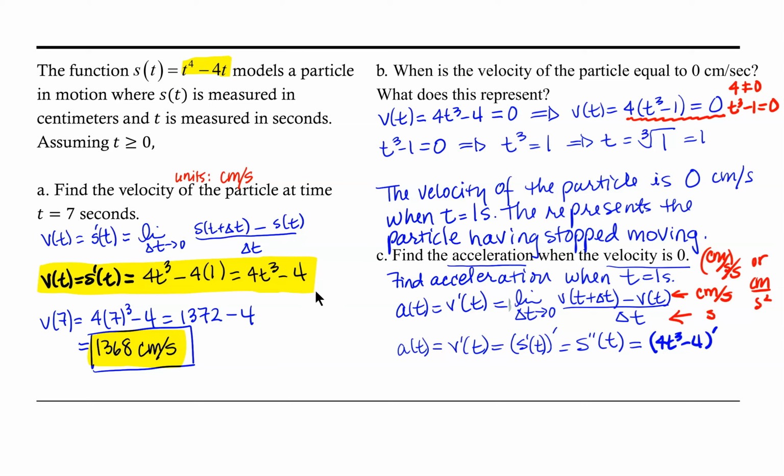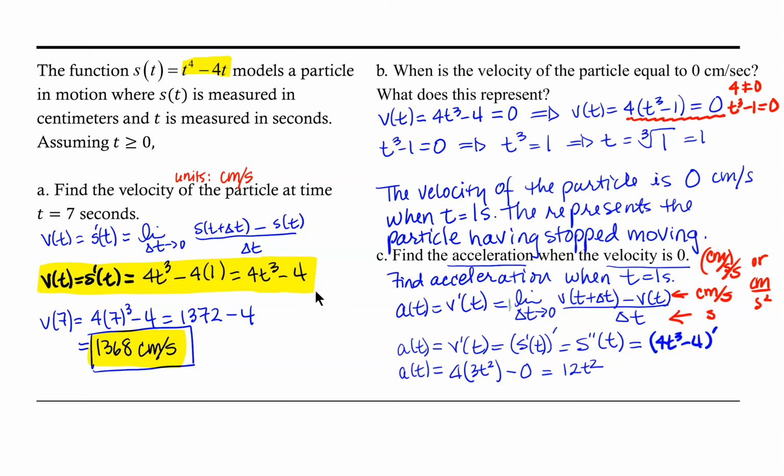Using the power rule and the constant multiple rule, we'll have 4 times the derivative of t cubed, which is 3t squared, minus the derivative of the next term, the 4, which is a constant, and the derivative of a constant is 0. So we end up with our acceleration function being 12t squared.